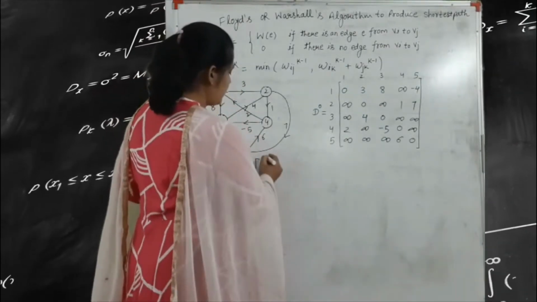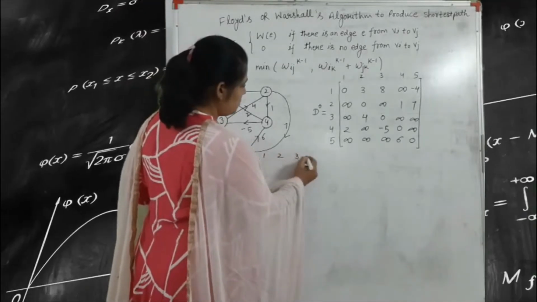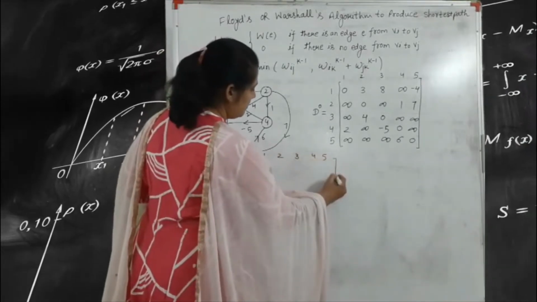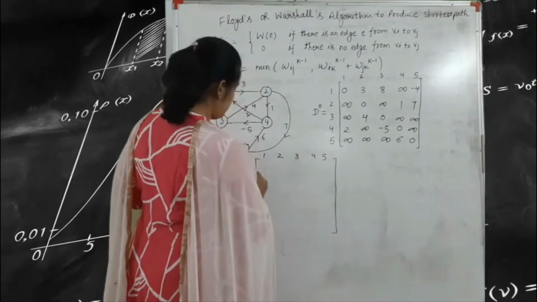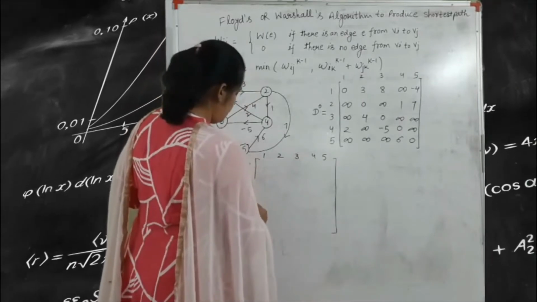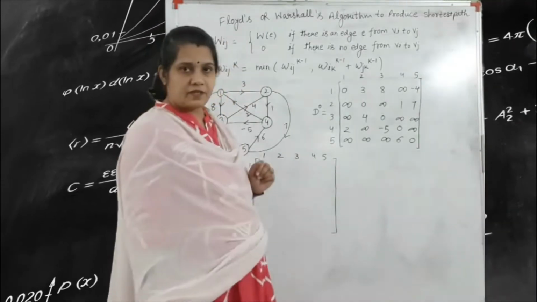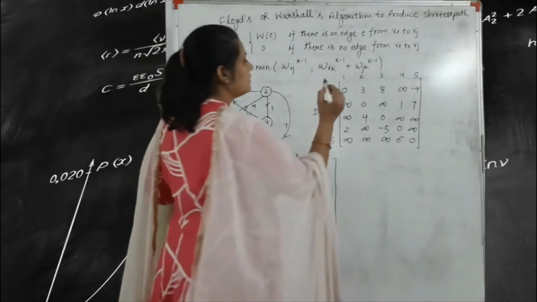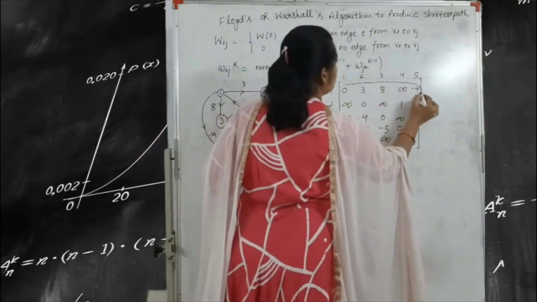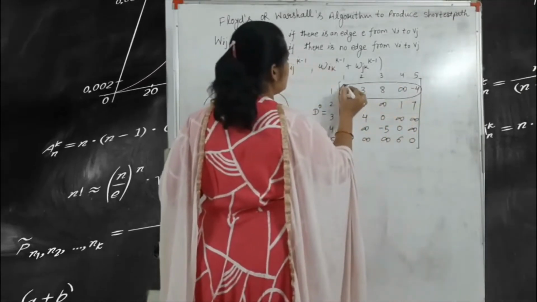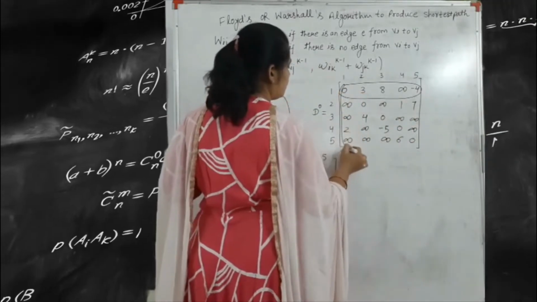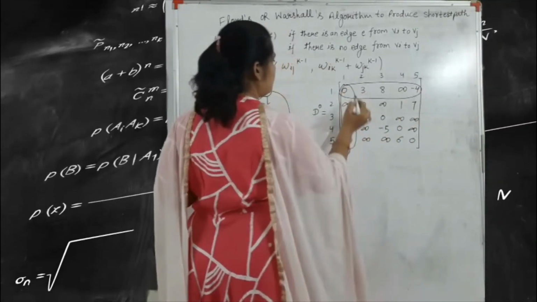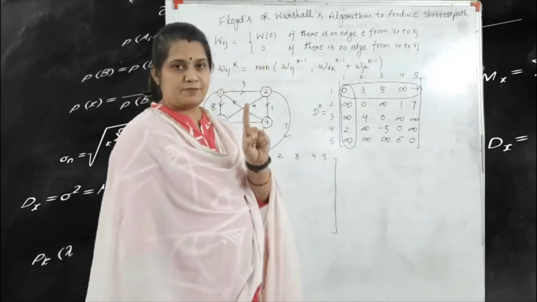Again you write the matrix with 1, 2, 3, 4, 5 as rows and 1, 2, 3, 4, 5 as columns. Here you highlight the first row and first column as the first step.